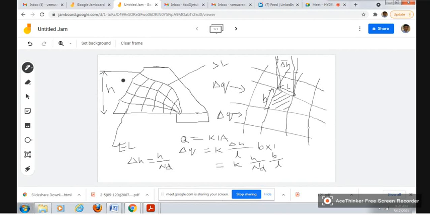If you want the discharge through the entire body, then what you have to do? Here we have 3 flow channels, so this is delta Q into 3.